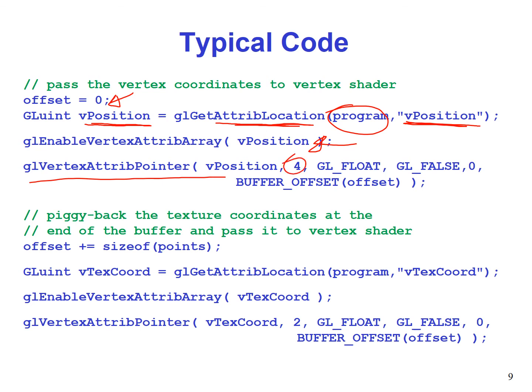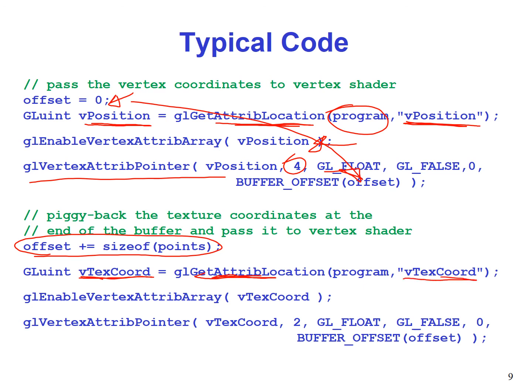Our elements are 3, which specify the XYZ coordinates of the object, and we give the buffer offset as 0. Now we update the offset to the size of the points, so it starts after the points, and we initialize another identifier as vTexCoord, and we pass it as an attribute location to our vertex shader.